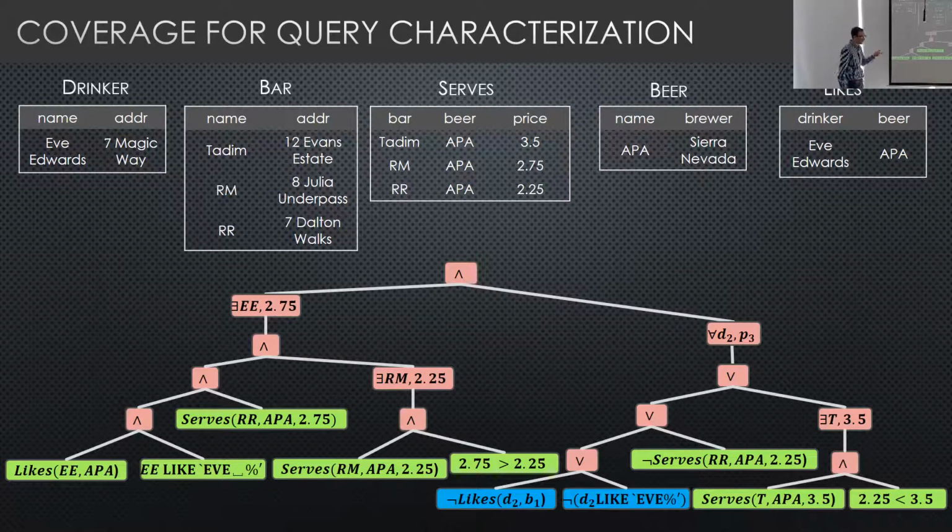To define what it means for an instance to cover a specific atom, or a specific leaf in the tree, we say that this atom is covered by the instance if there's an assignment to the variables in the tree such that this atom is fully instantiated, satisfied. So in our case, this ground instance satisfies or covers all of the green atoms in the tree.